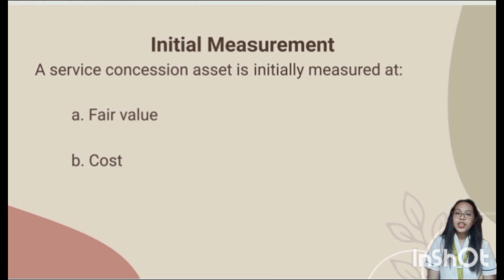It is initially measured also at cost in accordance with the measurement principles for PPE or intangible assets as appropriate, if the asset is reclassified from the existing assets of the grantor. For example, an existing asset is transferred to the operator for refurbishing.